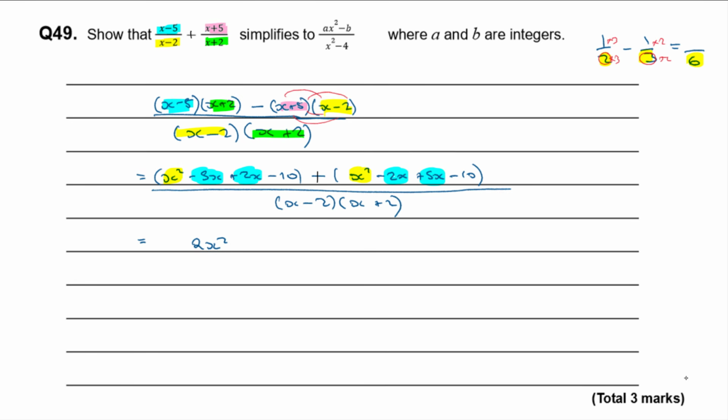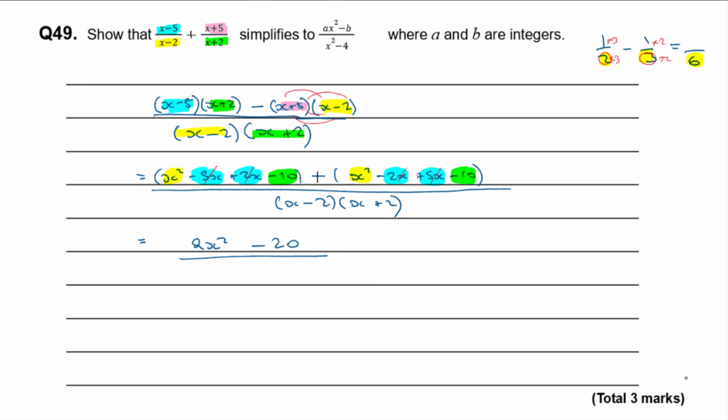I don't know if you notice, they're just the same terms, but with the signs switched around. So the minus 5 and the plus 5 cancel, and the plus 2 and the minus 2 cancel. And then I've got minus 10 and minus 10, which makes minus 20. Okay, and then that's all over (x minus 2)(x plus 2).